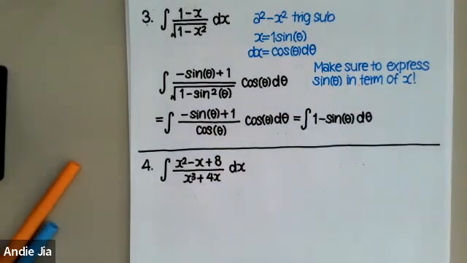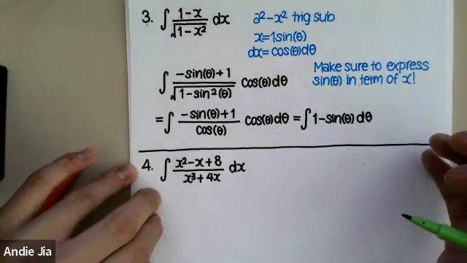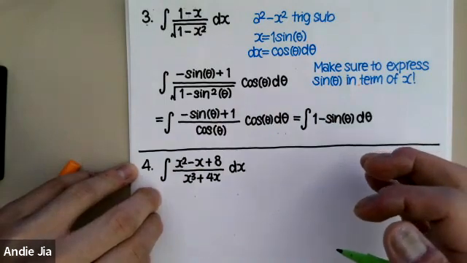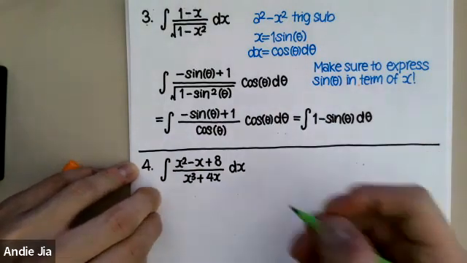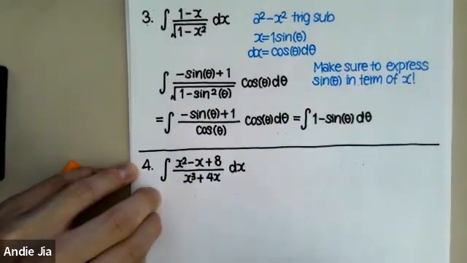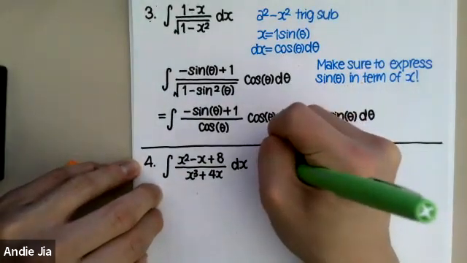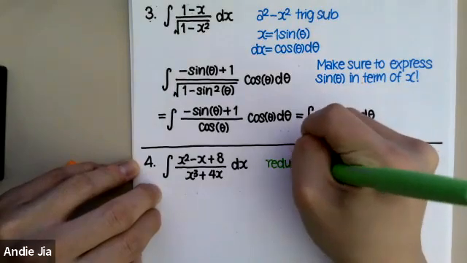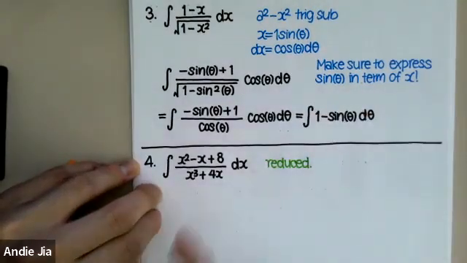This one is just a reduced integral, so you don't need long division for it. This is already in the reduced form. Factor the denominator.